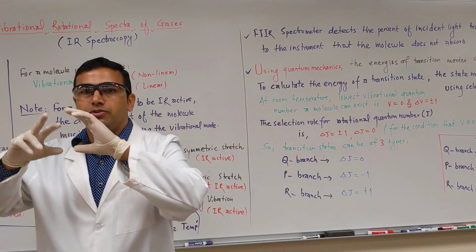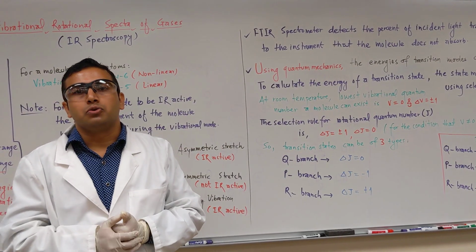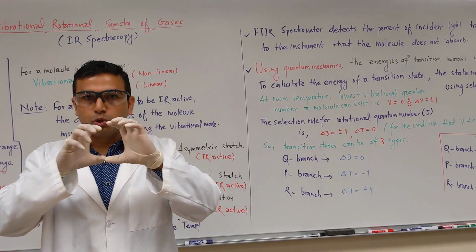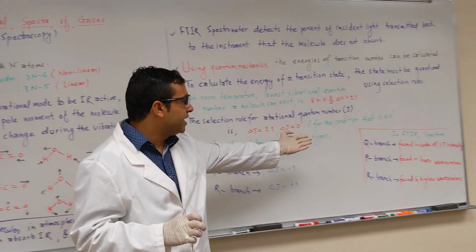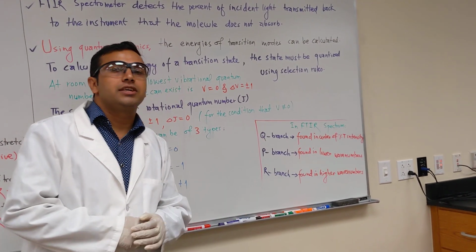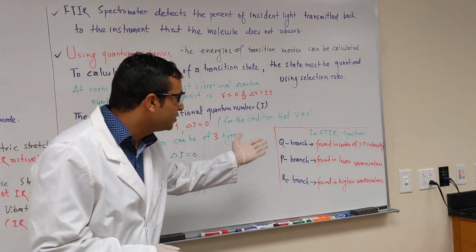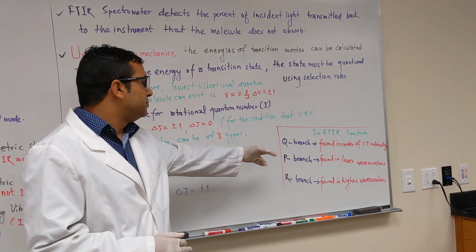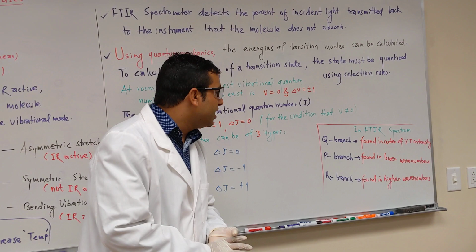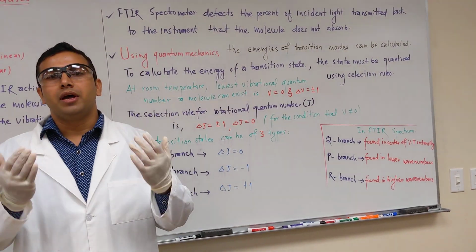But if you just want to figure out where your Q, P, and R branches are in the actual spectrum, here I have written it. The Q branch is found in the center of the percentage transmission intensity. The P branch is found at the lower wave number, and the R branch is found at the higher wave number.